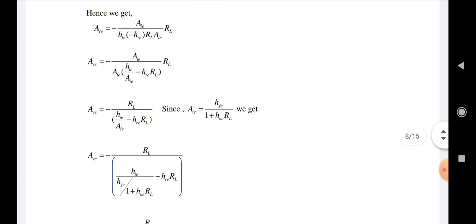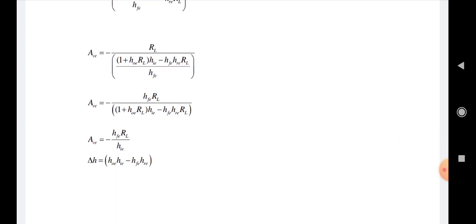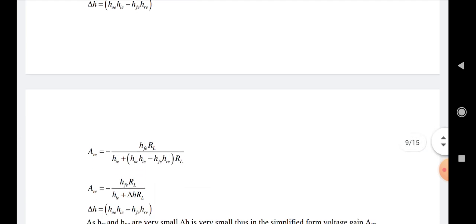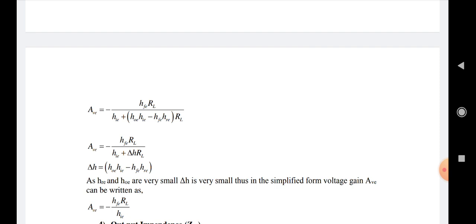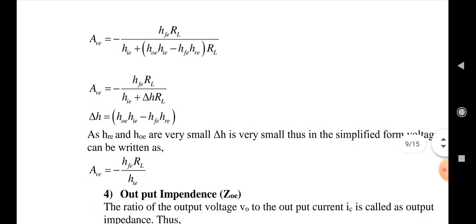After calculating all the things, means A_ve is equal to minus h_fe R_L upon h_ie. Then A_ve is equal to minus h_fe R_L upon h_ie plus delta h R_L, where delta h is equal to h_oe h_ie minus h_fe h_re. Both h_re and h_oe are very small, means delta h is very small.